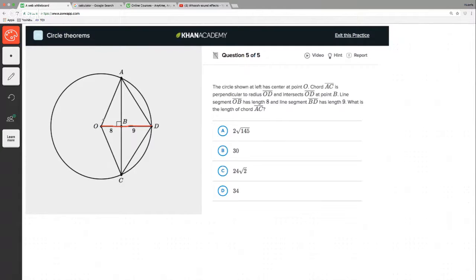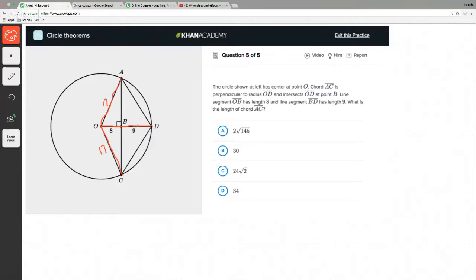But we also know that OA is also a radius because it goes from the center out. So this is also length 17. I've seen these problems before in the SAT. It's just figuring out that those are also radii.